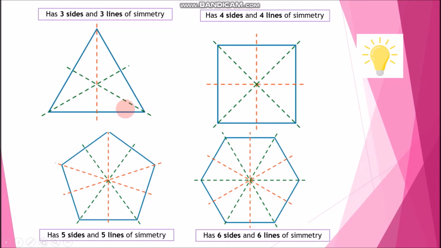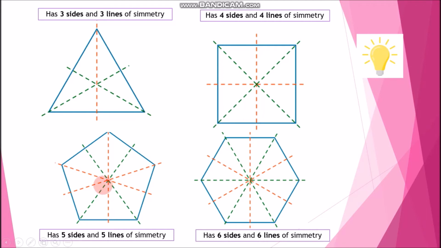This triangle has 3 sides, 1, 2, 3, and has 3 lines of symmetry, 1, 2, and 3. This square has 4 sides, 1, 2, 3, 4, and has 4 lines of symmetry, 1, 2, 3, 4.